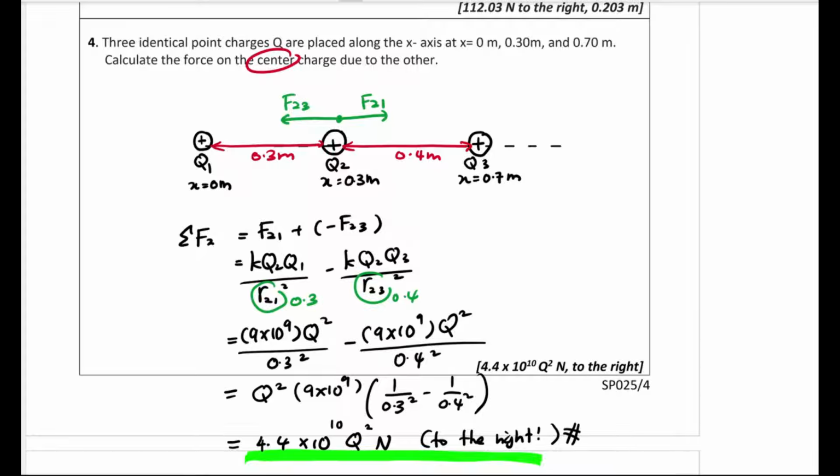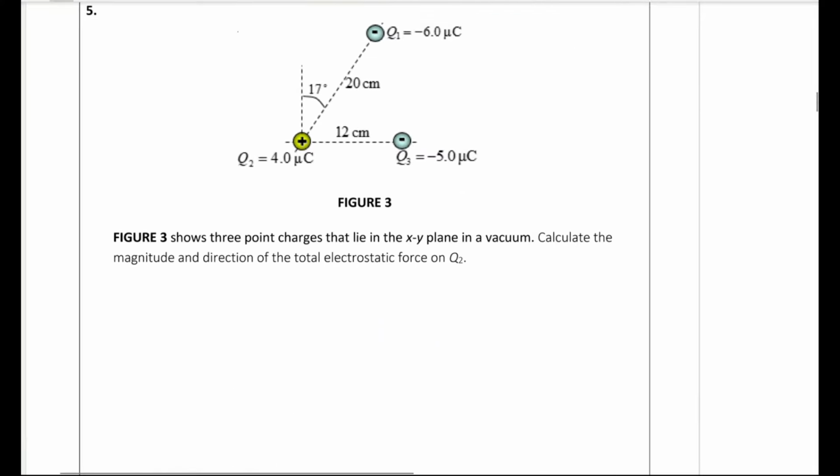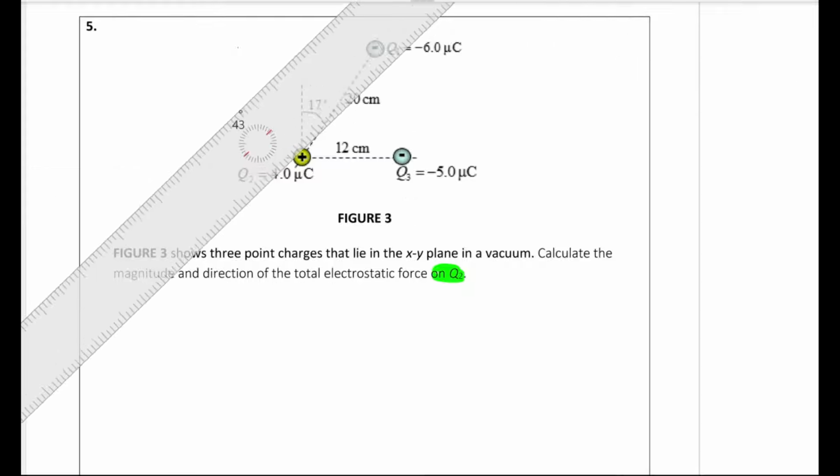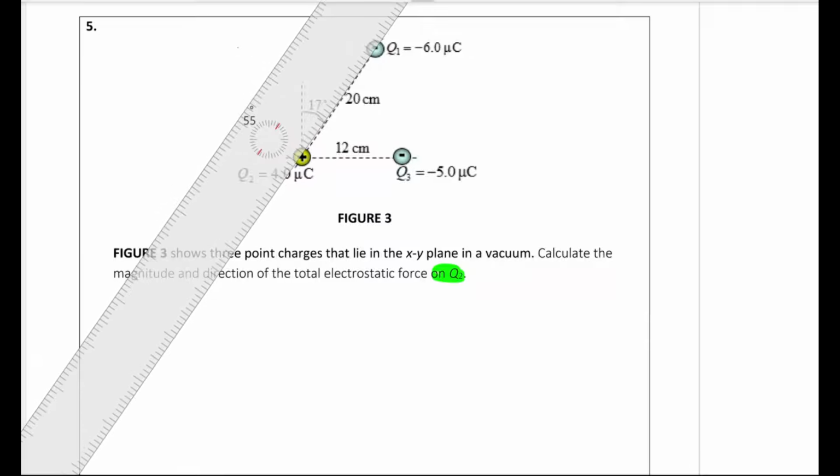Okay, so finish question number 4. Let's proceed to question number 5. Alright, so this time, this is 2 dimensions. So we need to resolve and we involve x and y components. Calculate the magnitude and direction of the total electrostatic force on Q2. You read the question on which charge, then you draw all forces on Q2.